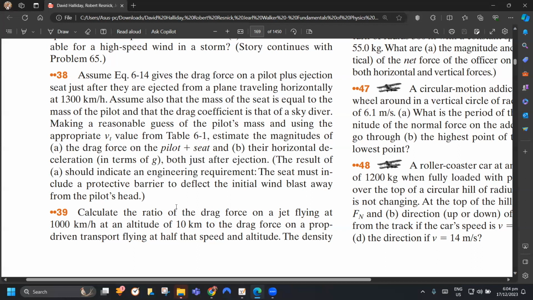So here, mg is equal to 1/2 C rho A v terminal squared.